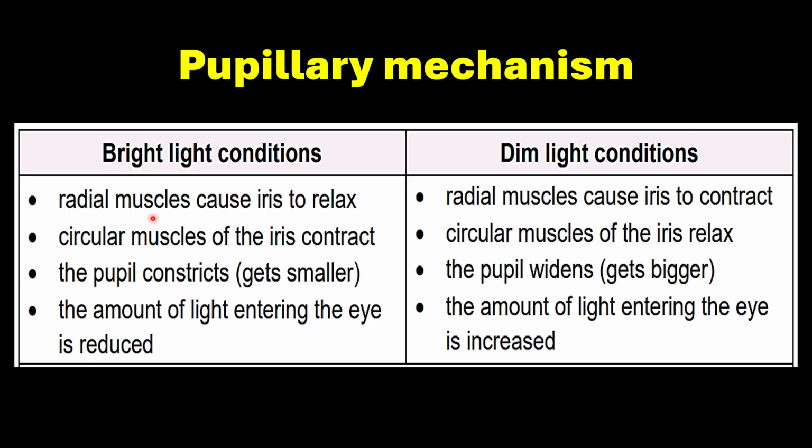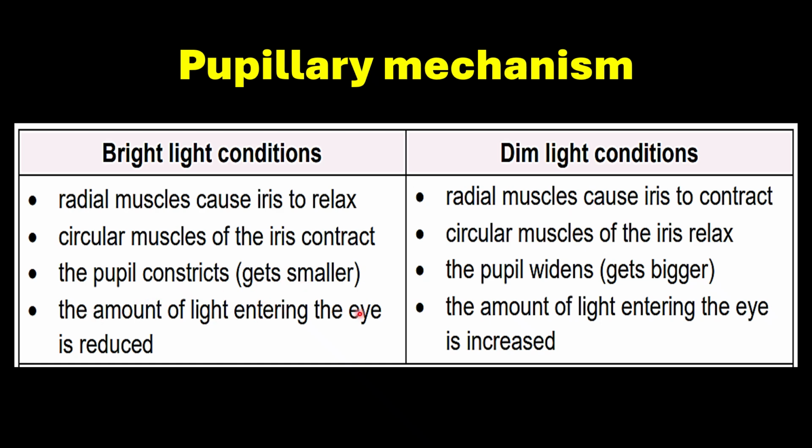So there you have it here. Everything under bright light condition is opposite to the dim light condition. Certain structures remain the same. We have radial muscles here. They relax. Circular muscles contract. Remember, they are antagonistic to each other. The pupil constricts under bright light. It gets smaller.